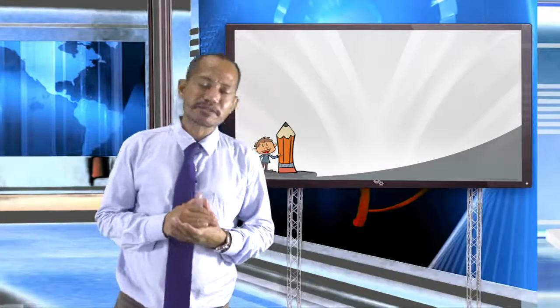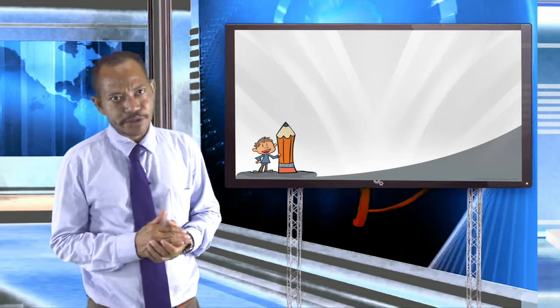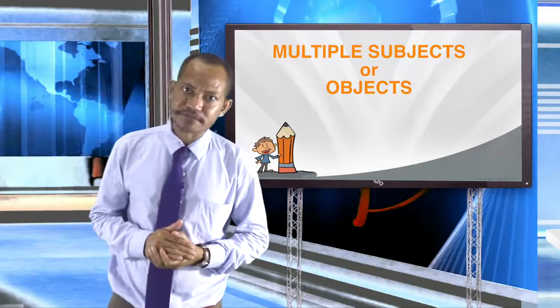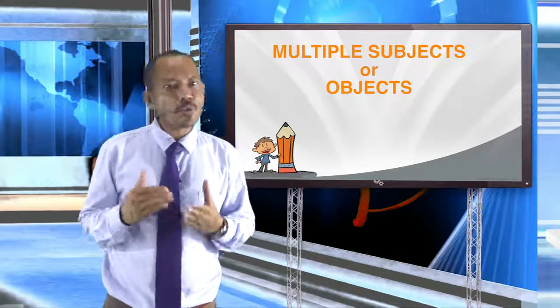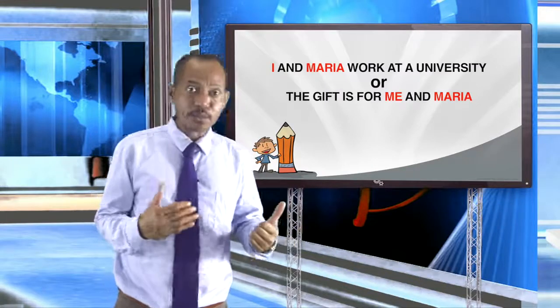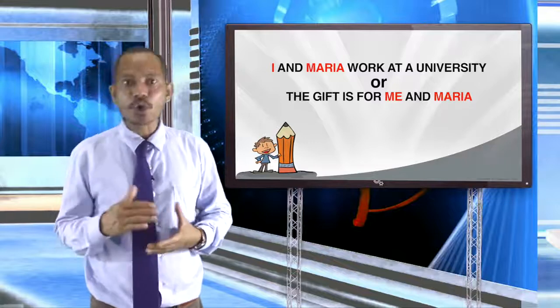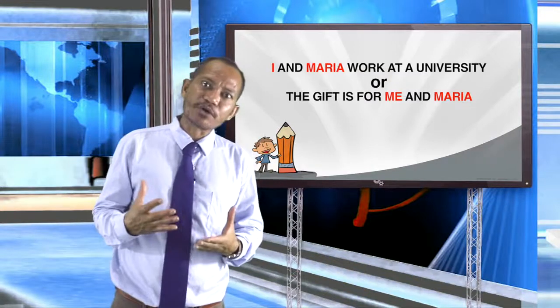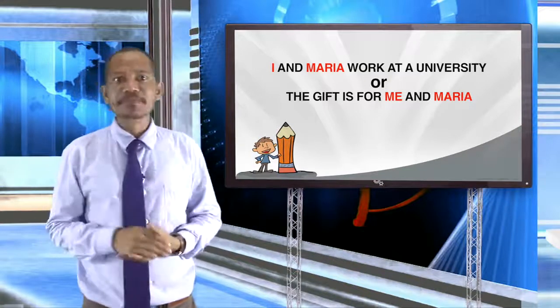Alright, let's go back to both sentences with multiple subjects and objects. You might be wondering why we don't say something like I and Maria work at the university, or the gift is for me and Maria.